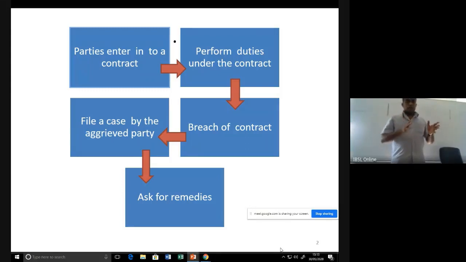So we are discussing a contract law issue. What is the first step of this issue? Parties enter into a contract, right?